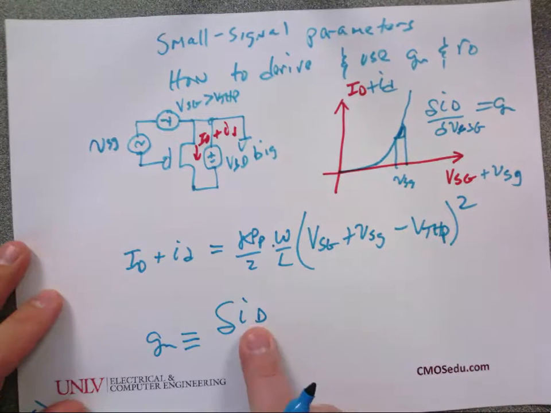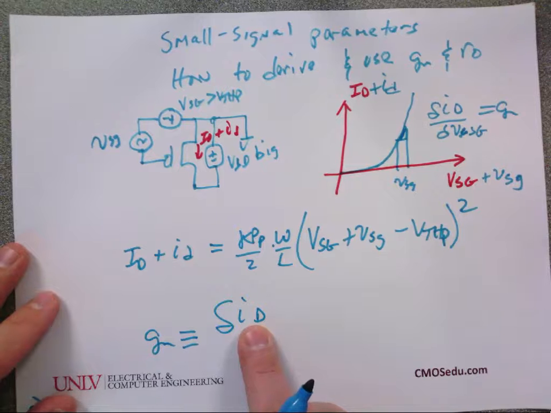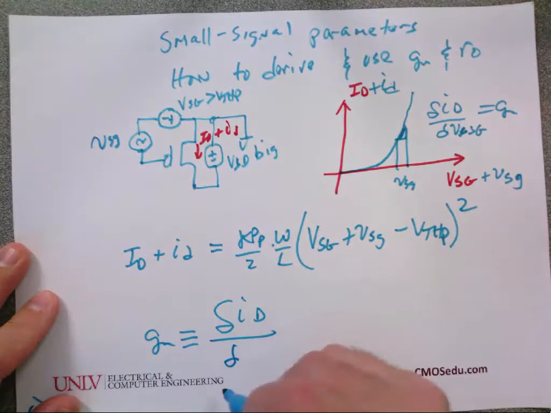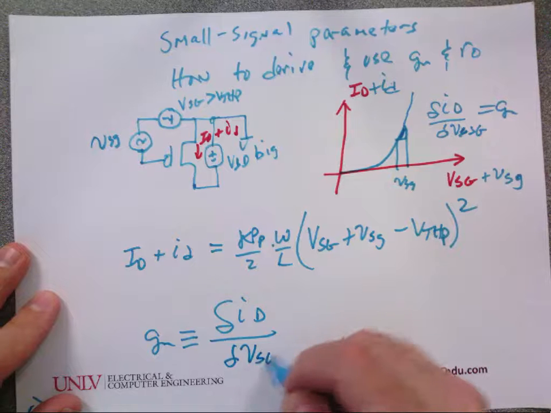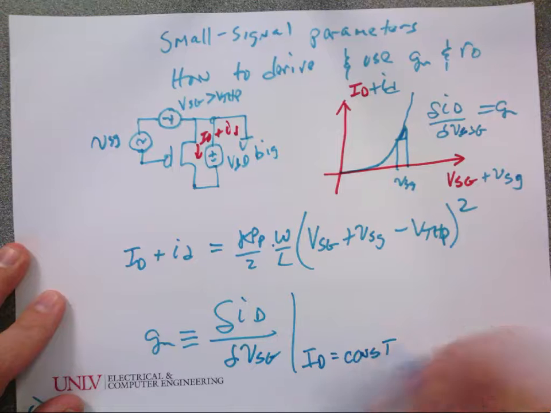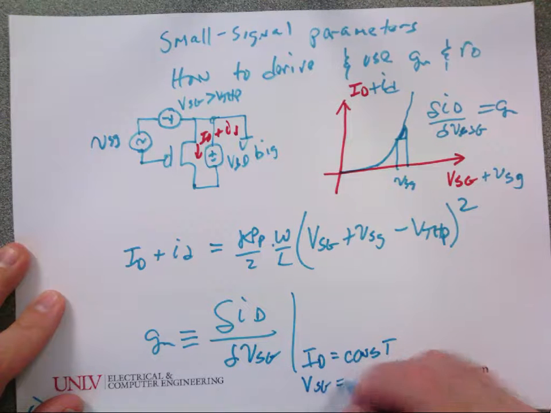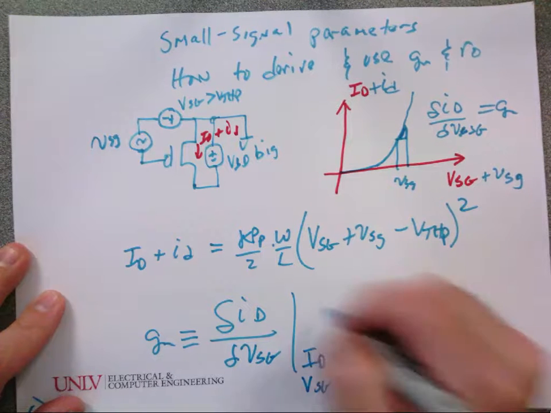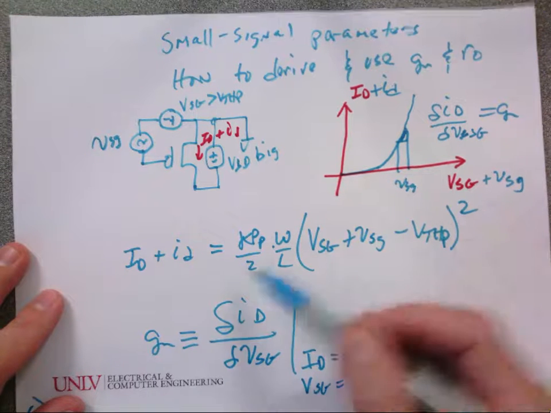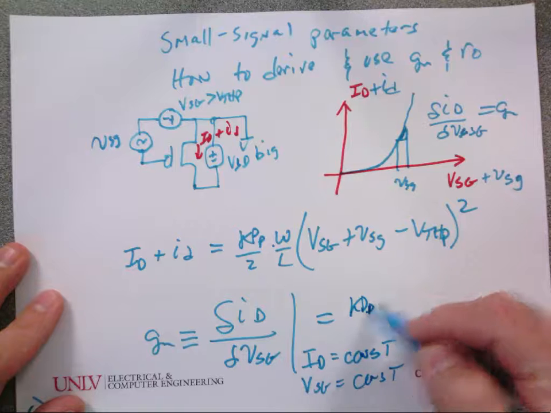And what is this little ID equal to? Yeah, AC plus the DC. At that point, and that's equal to, what's the derivative? The 2 comes down. I get Kp sub p times W over L.